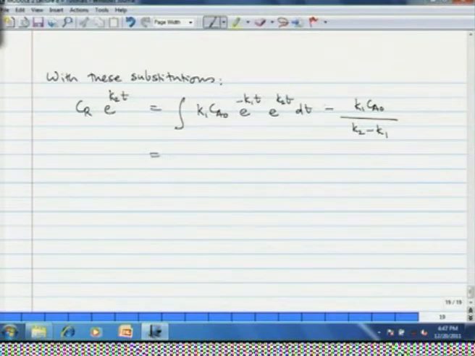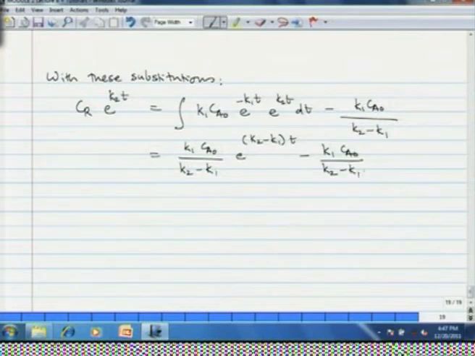I am going to skip the intermediate algebra, you can easily work it out, but I am going to use the final expression. And then if you rearrange this, you will get the expression for Cr in terms of k1, k2 and Ca naught.